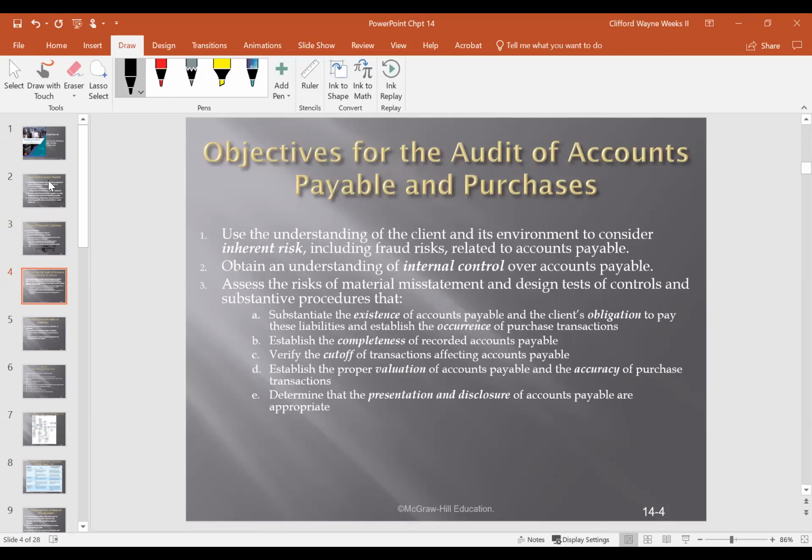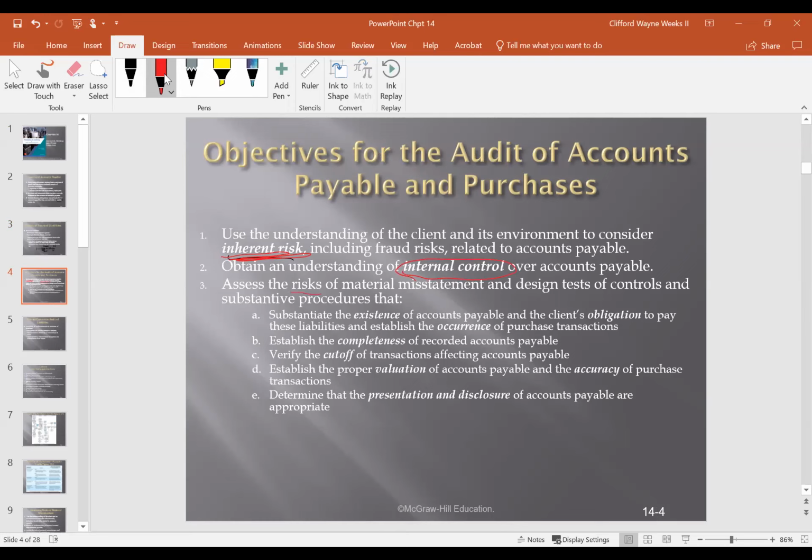So here's our mantra again: the objectives for the audit of accounts payable and purchases. Use your understanding of the client and its environment. Consider the inherent risk, including fraud risks related to accounts payable. Obtain an understanding of the internal controls over accounts payable.